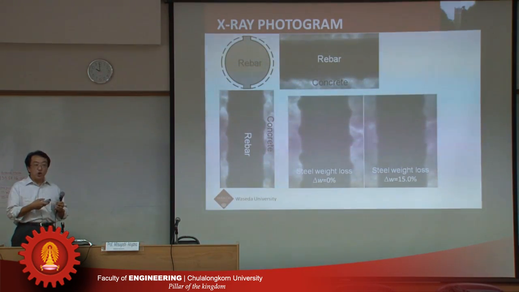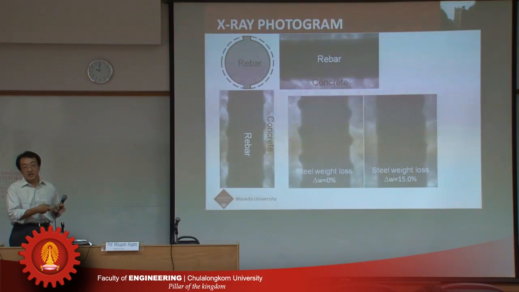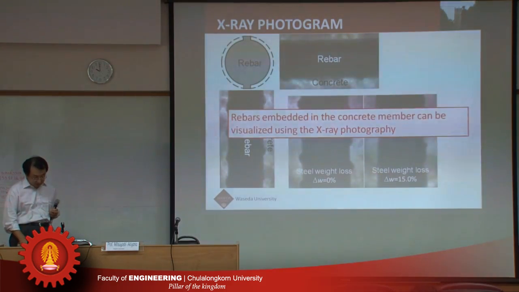As steel weight loss increases, the surface of deformed rebar becomes smoother due to the corrosion, like this. So anyway, using X-ray photography, we can confirm that rebars embedded in concrete members can be visualized.